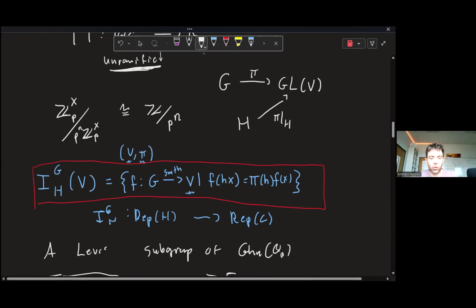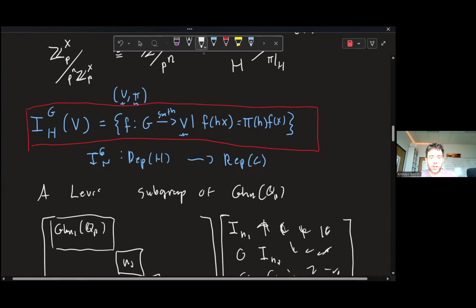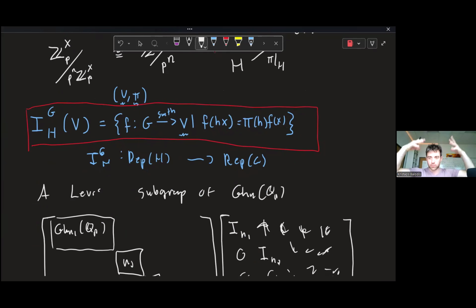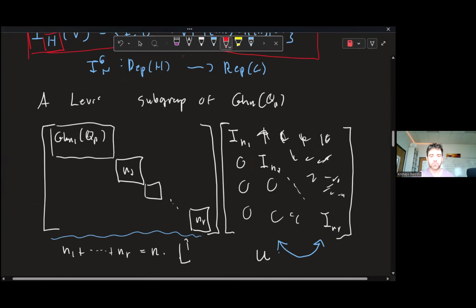One of the ways we talked about to produce representations of the groups we're interested in is inducing them from smaller representations. Given a representation of some subgroup H, we were able to create some space of functions on the larger group G, on which our group acts by translation, and we called that an induced representation.